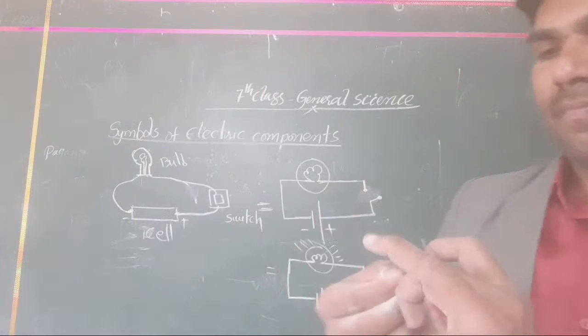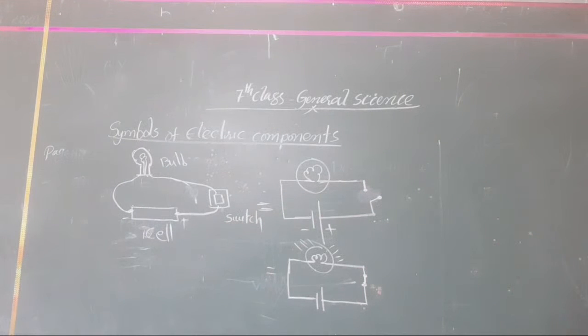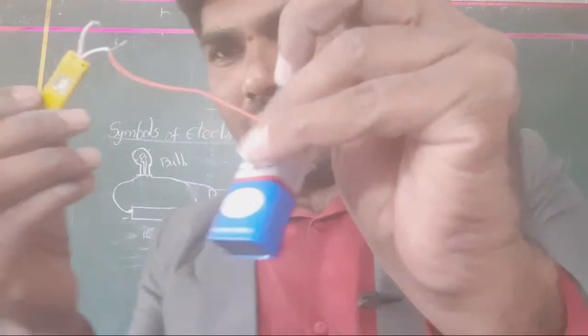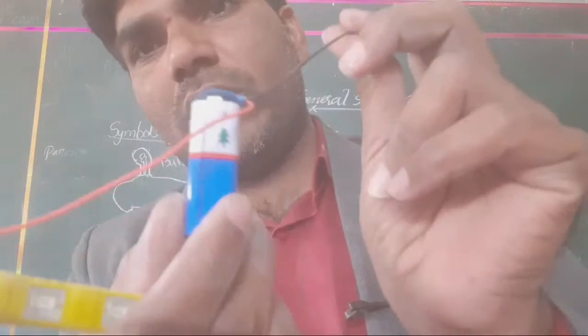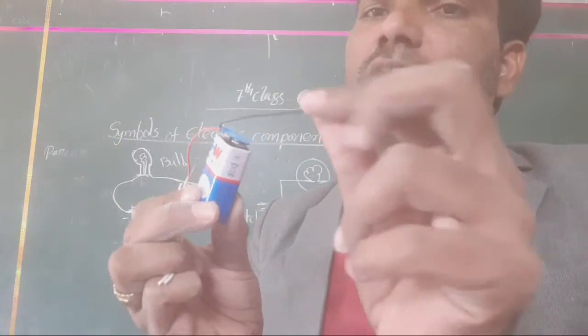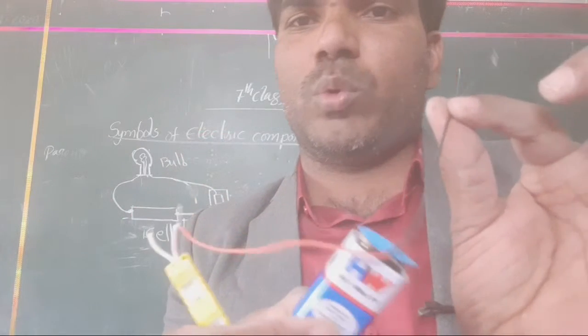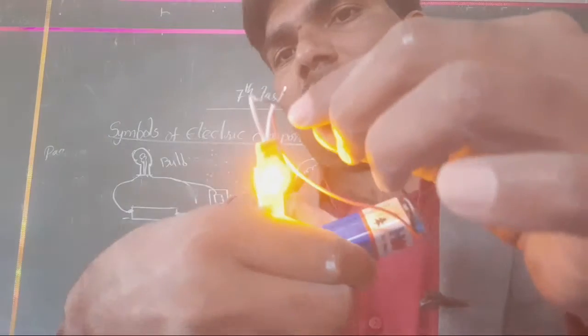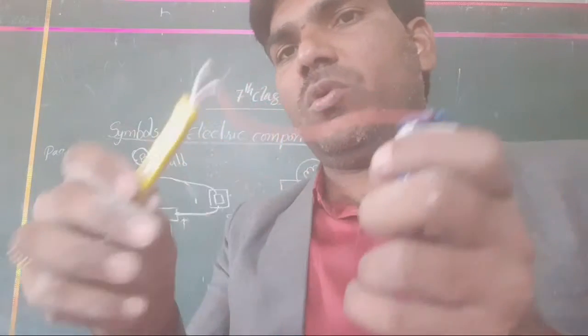The bulb glows. Actually, this is the battery we have taken. It is a positive terminal. It is a negative terminal. I have connected the two wires to the positive and negative, and these are connected to the bulb, and the bulb glows now. This is only the circuit here.